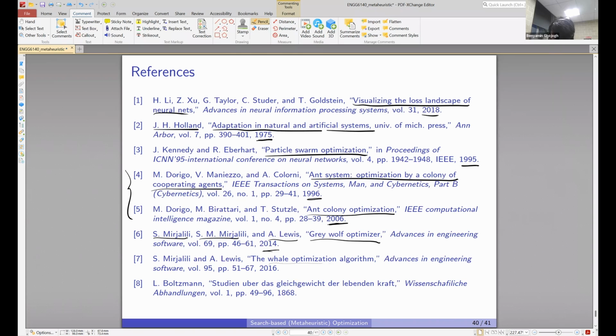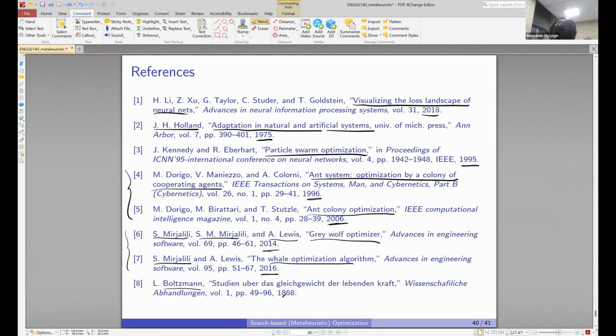Also Whale Optimizer proposed by Mirjalili in 2016. Mirjalili at that time was a PhD student. Now he's a professor in Australia. His focus is on metaheuristic optimization, especially bio-inspired metaheuristic optimization. I think he also has an algorithm named Dragonfly Optimizer.